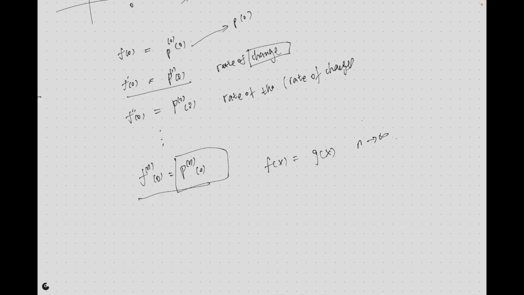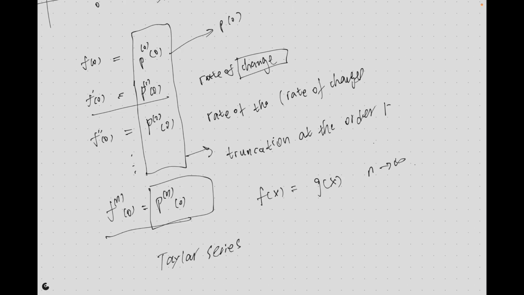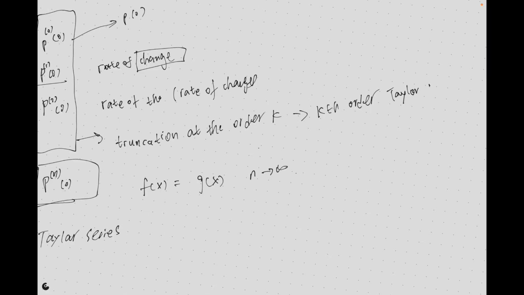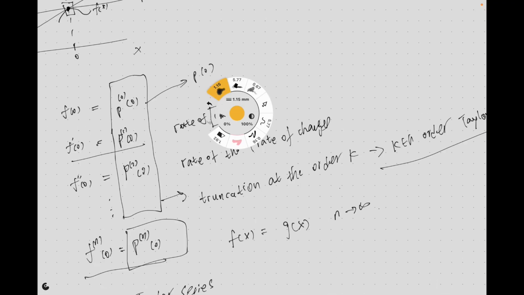This is called the Taylor series. And everything around here is called truncation at the order k. We call it the kth order Taylor polynomial. And what is the k? This is the k.